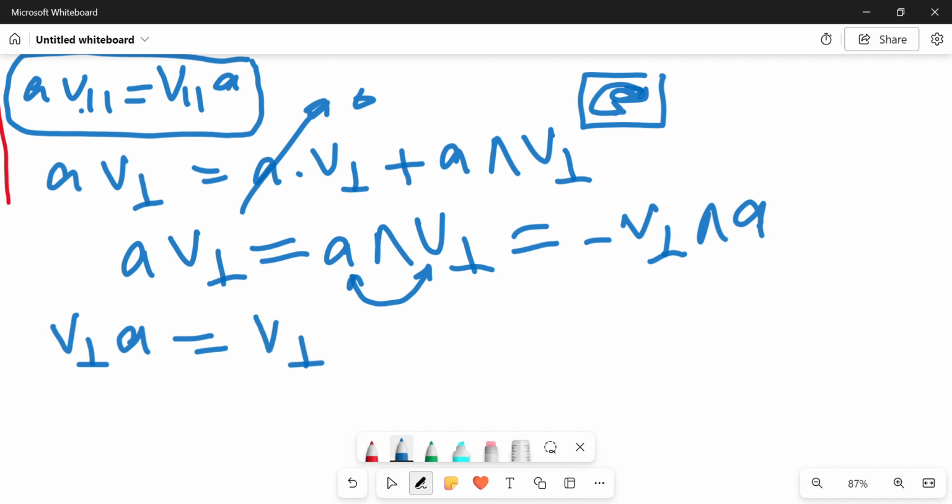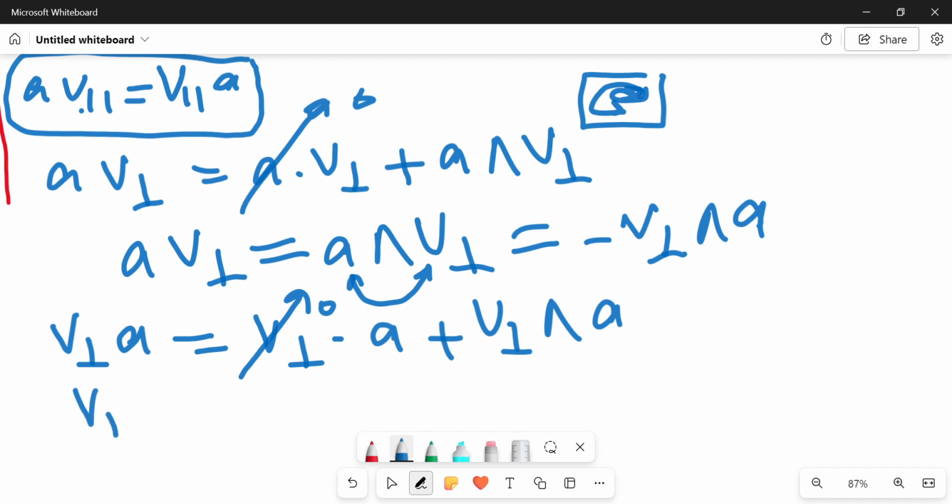It should be clear now that this is V perpendicular dotted with A plus V perpendicular wedge A. The dot product of A with the vector perpendicular to it is 0.